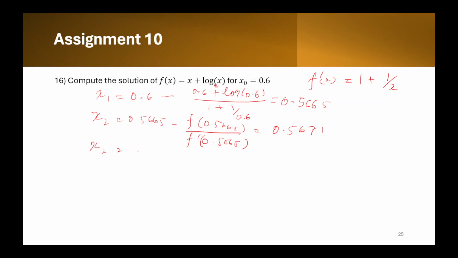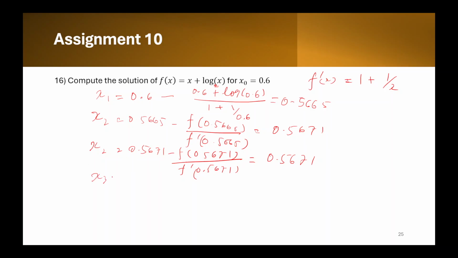Again, x2 will be 0.5671 minus f of 0.5671 upon f dash of 0.5671. So this comes out to be 0.5671 again.